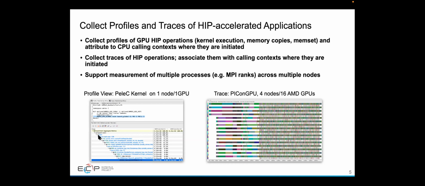What we have here is a call path, and we have some metrics attributing GPU kernel execution, and then that gets attributed back to the source code where it was launched. We can also collect these profiles across multiple processes, multiple MPI ranks, across multiple nodes.